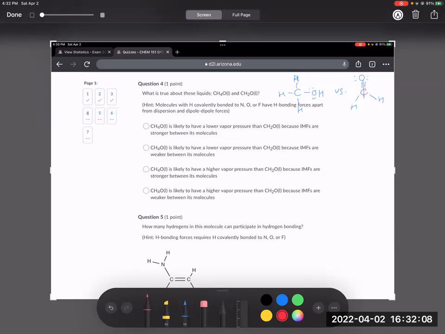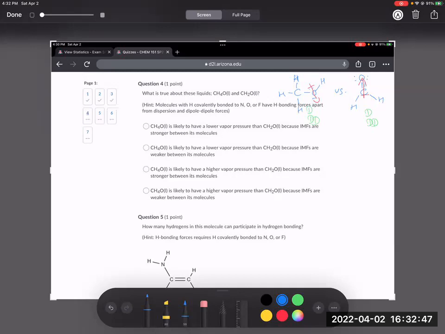You're going to have a dipole moment in this molecule, and also a dipole moment in this molecule going in this direction. So both of them are polar, and therefore both of them are going to have dispersion and dipole. But this molecule over here, let me redraw that, has a hydrogen covalently bonded to oxygen, which is one of the 3 elements: nitrogen, oxygen, and fluorine.